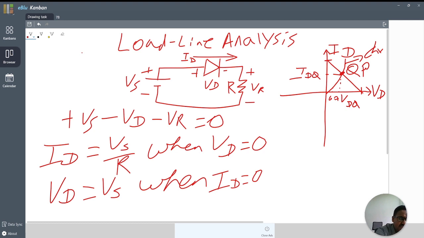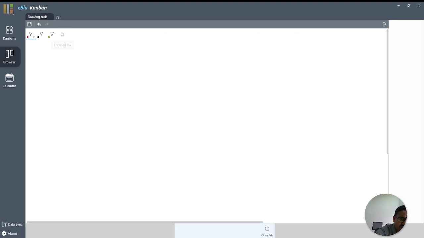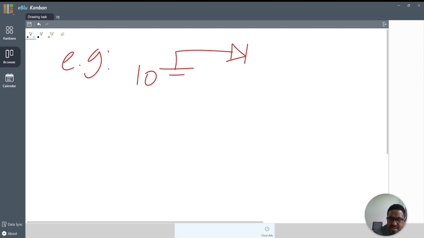Let's see an example. Our circuit has 10 volts, a diode, and a 500 ohm resistor.